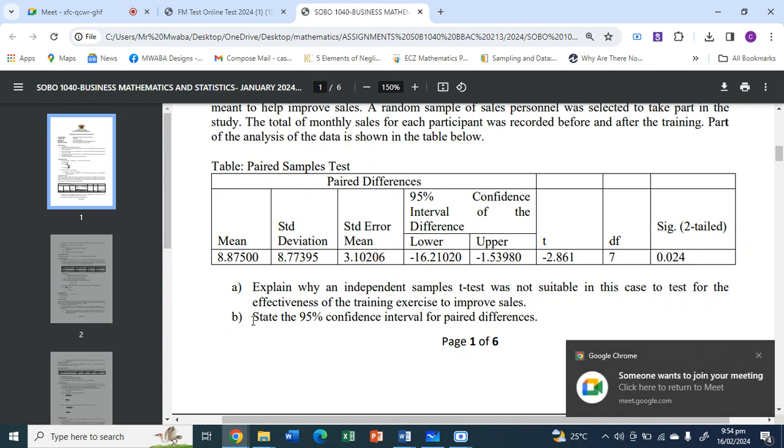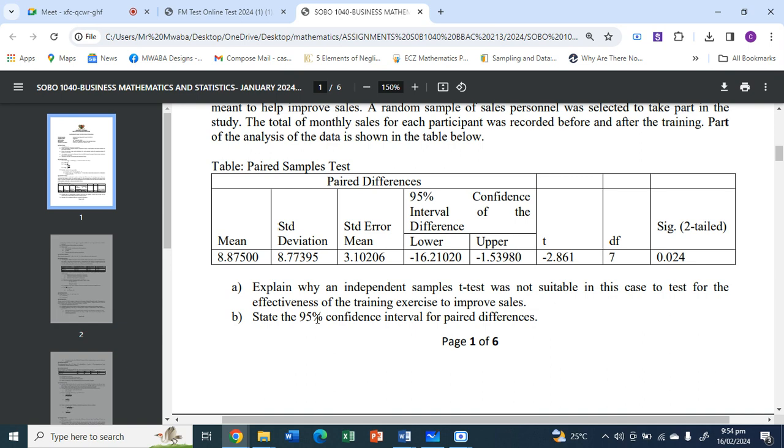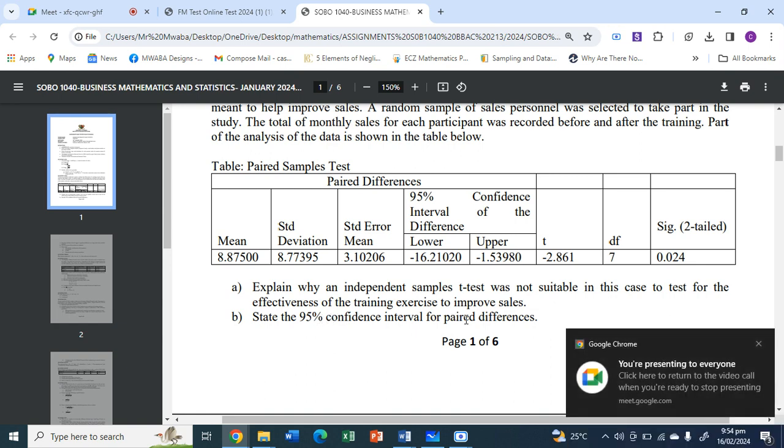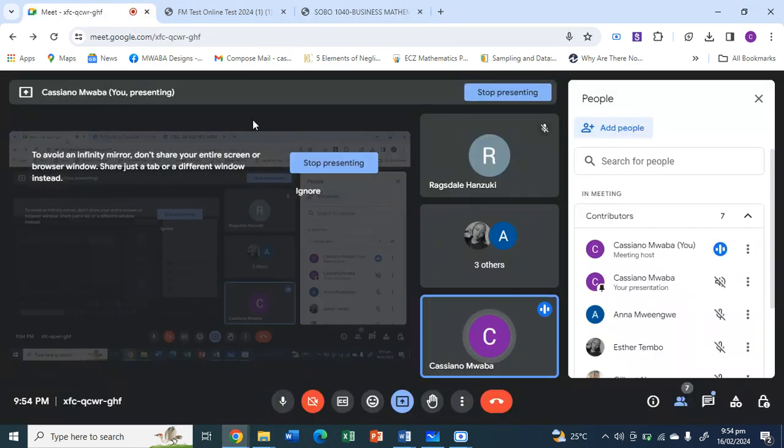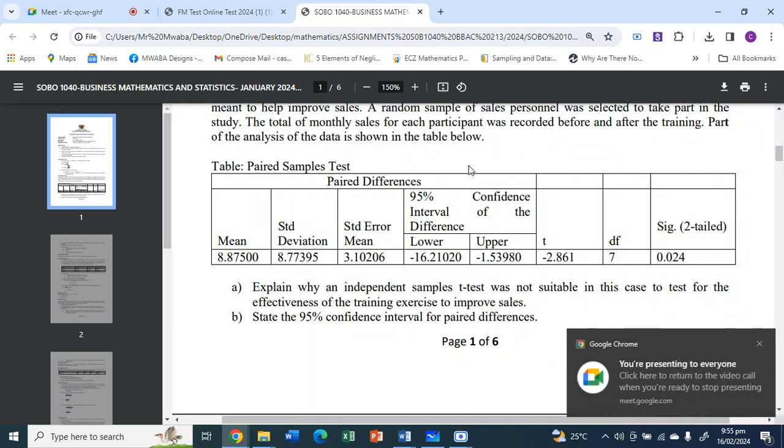The next thing is to state the 95% confidence interval for the paired differences. So now this confidence interval is the region where, with a 95% probability, the means of these people who are being studied are going to fall in that range 95% of the time.